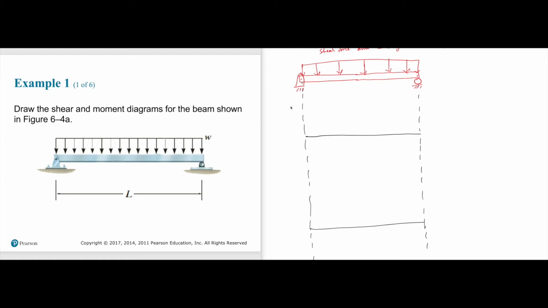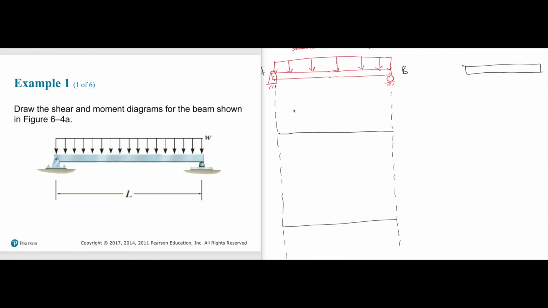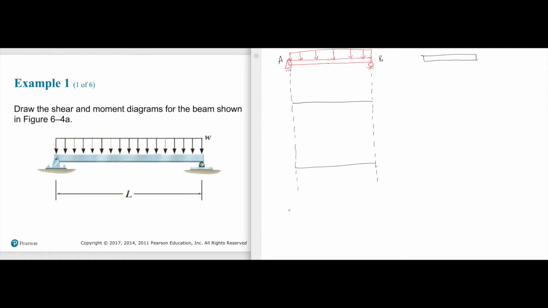What's the process? First of all, to draw the shear force and bending moment diagrams, we have to calculate the reaction forces. Let's call this A, and this B. At A, we will have AX, AY. So the free body diagram will look like this. Maybe I'll zoom this out slightly so you can see this clearly.